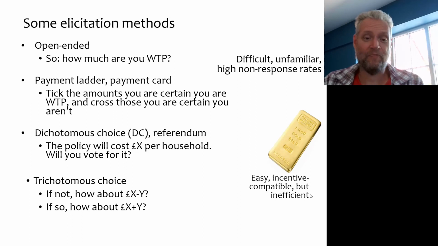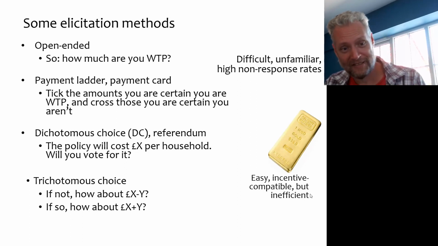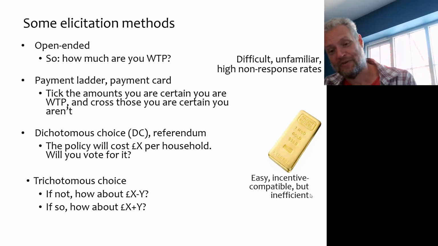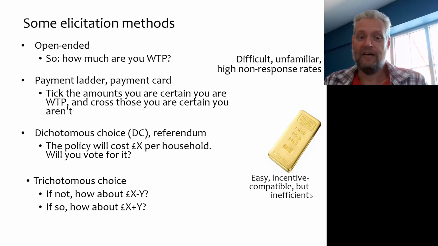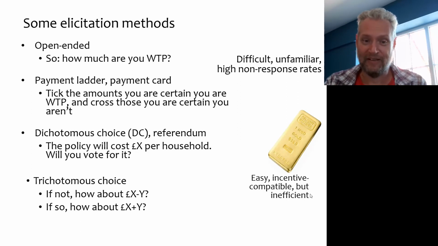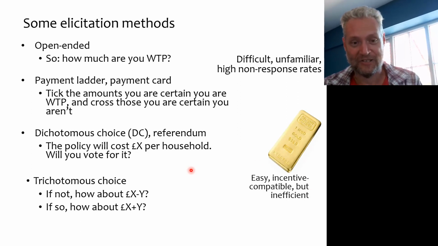A good thing about payment ladders and the dichotomous choice and so on and so forth is that it's a lot easier on people's brains to answer that question. But particularly with the dichotomous choice, you need a large sample because you need to vary that X that you see here, right?